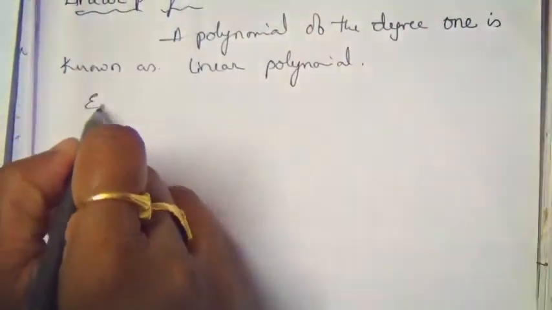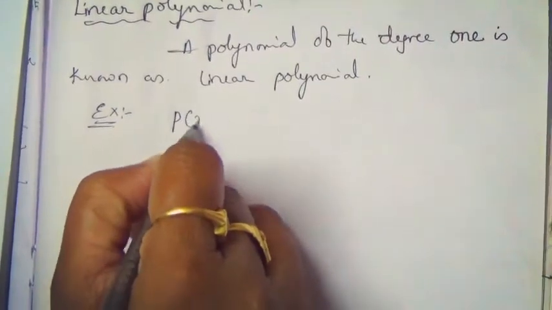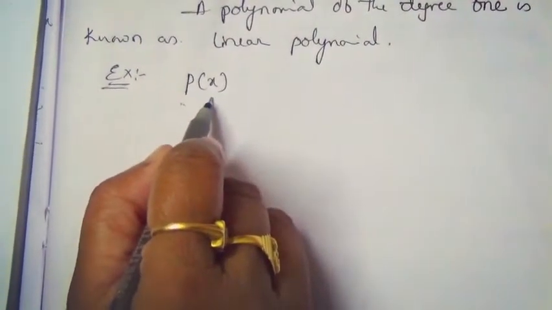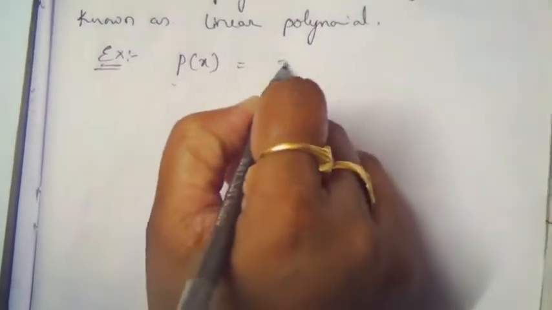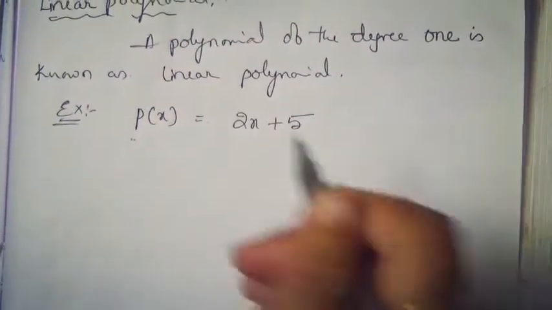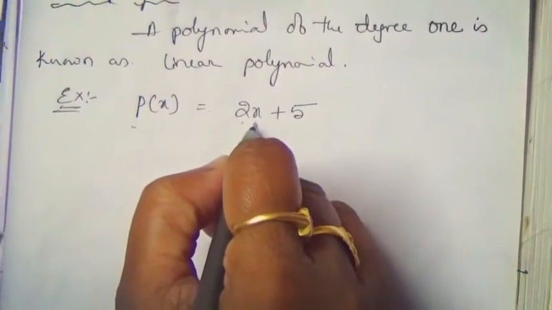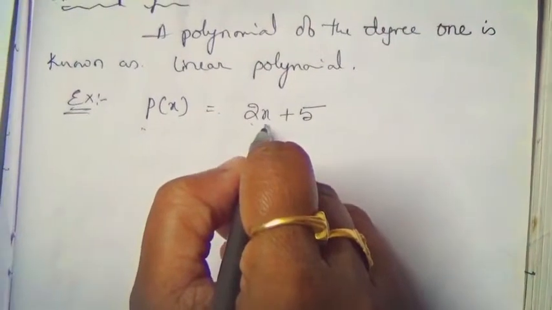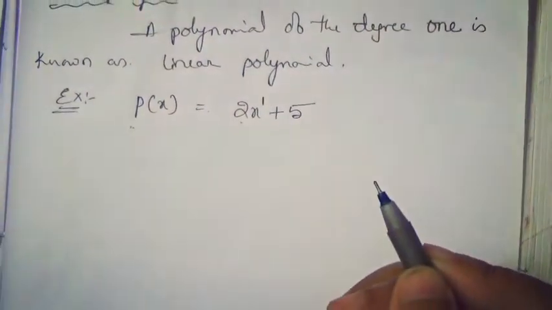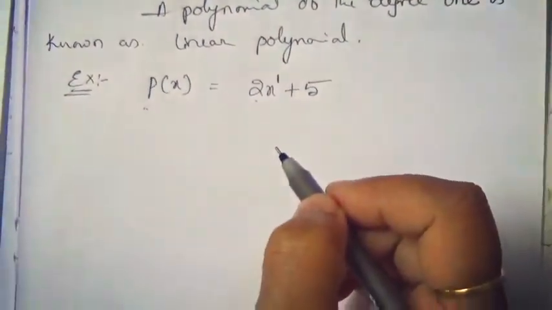For example, p of x, which means polynomial in the variable x, is equal to 2x plus 5. In 2x plus 5, here there is no power written. If there is no power, that is equal to 1. 2x to the power of 1.